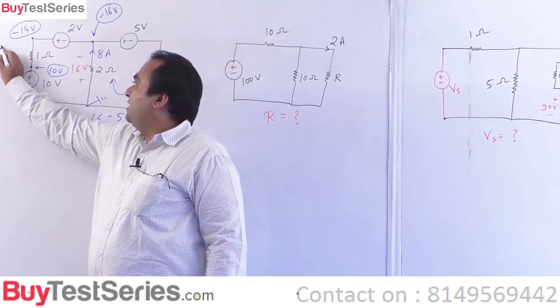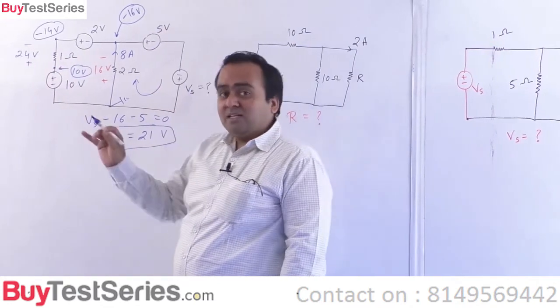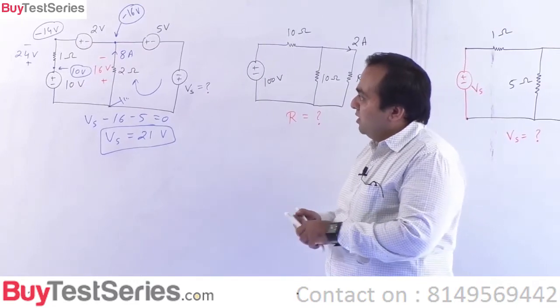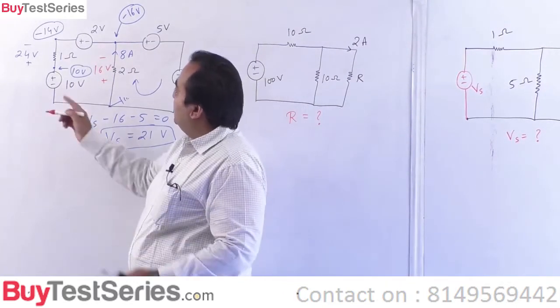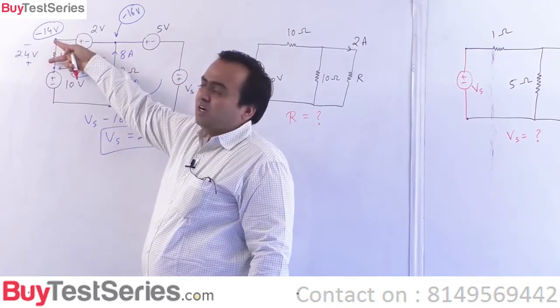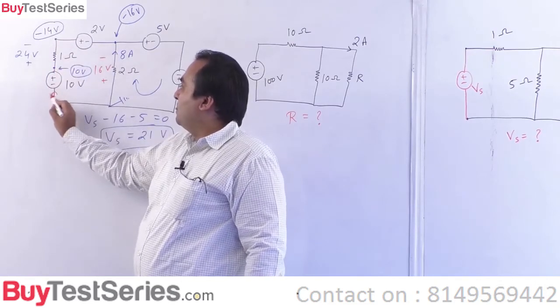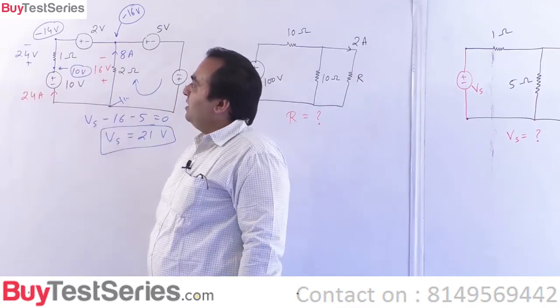So this has to be 24 volts. 10 minus minus 14 is equal to plus 24. So this current through this resistance, what is the voltage drop across the resistance? 24. 24 divided by 1 is 24. So this current must be 24 amperes.